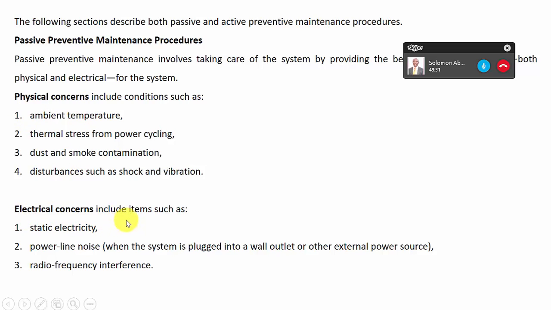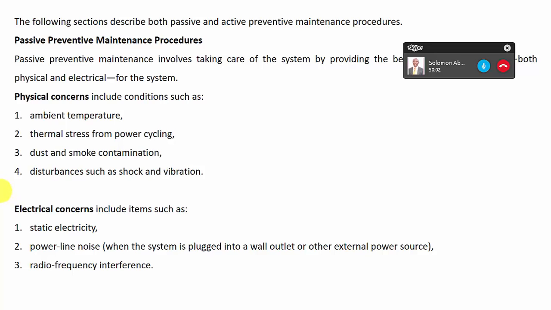When we say physical concern, we include conditions such as ambient temperature, thermal stress from power cycling, dust and smoke contamination, disturbance such as shock and vibration. When we say electrical concern, we include static electricity, power line noise, radio frequency interference.